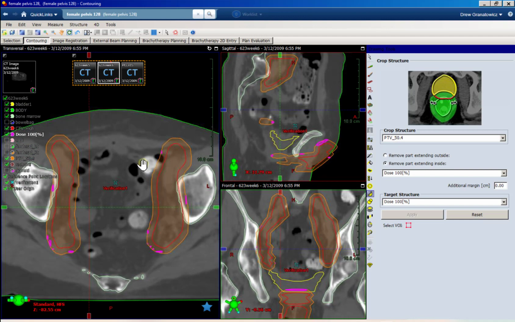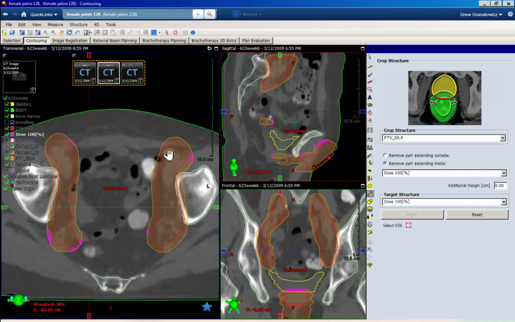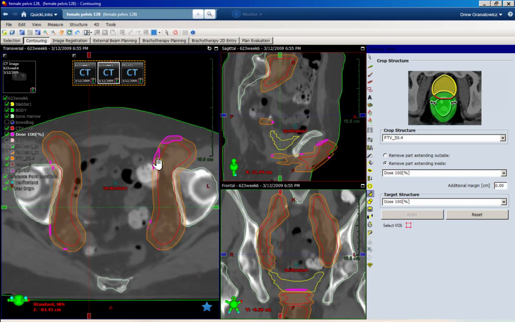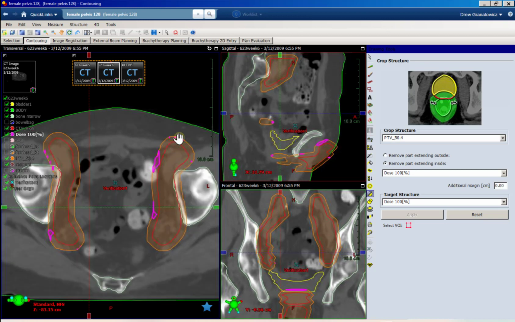One other additional little trick: you see we get all these little dots with our cold spots. That's okay, especially for large volumes. But if you're treating a really small volume, sometimes having your 100 line break up like that, you're missing a lot of the cold spots.